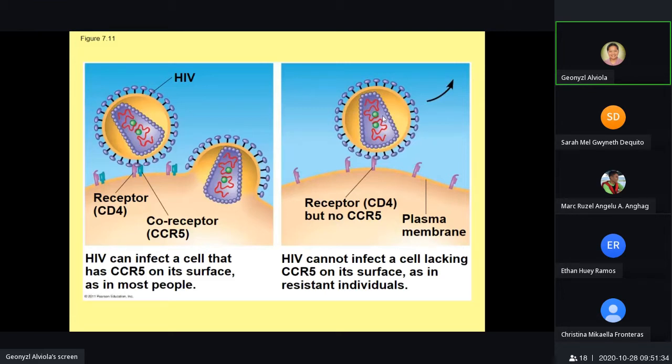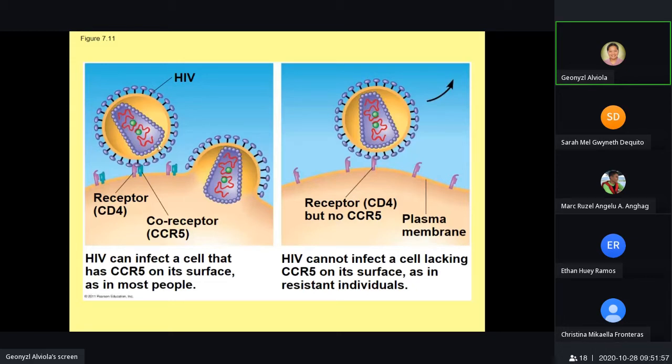Murag kanong panahon na katong COVID, makita nato na naay mga tao na asymptomatic. Meaning, wala sila nag-exhibit og symptoms but they carry the virus. Murag ngani ang nahitabo kanina sa right diagram.